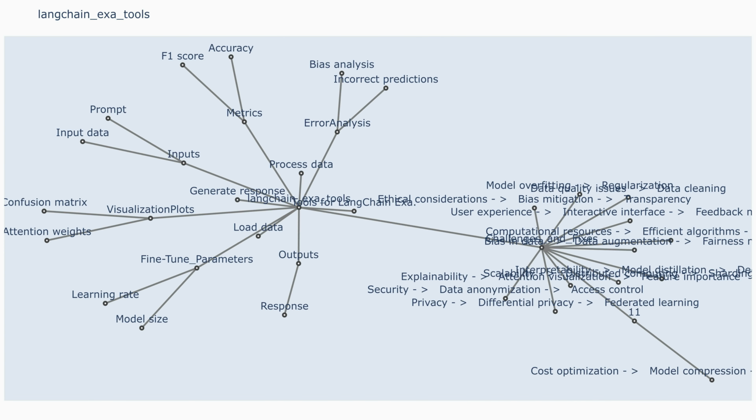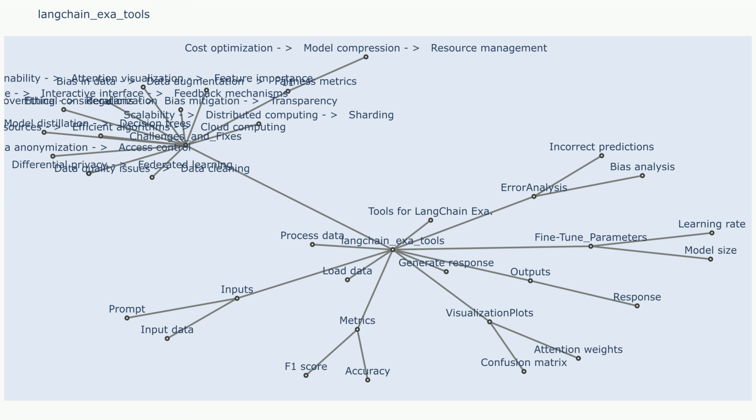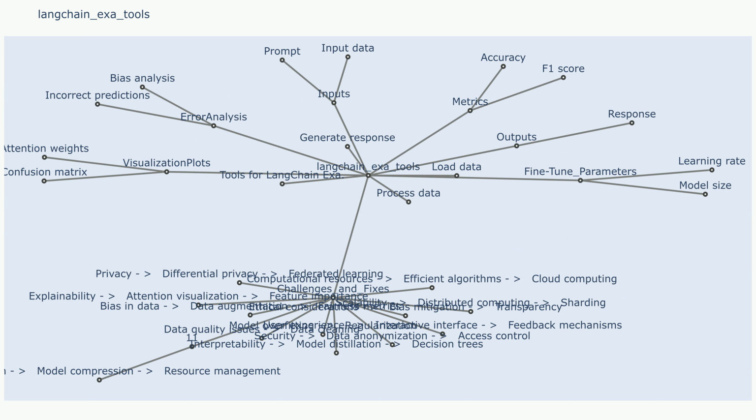Langchain Exa tools. Description. Langchain Exa tools are a suite of tools designed to enhance the capabilities of Langchain, a popular framework for building large language model applications. These tools offer a wide range of functionalities, from data exploration and analysis to model fine-tuning and uncertainty quantification. Input 1: raw data in various formats: text, JSON, CSV, etc. that can be processed and analyzed by Langchain.